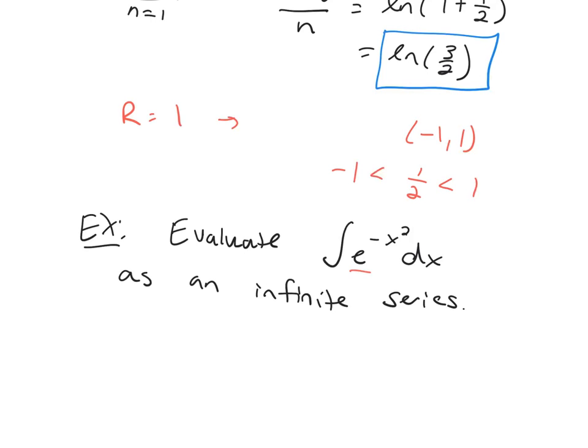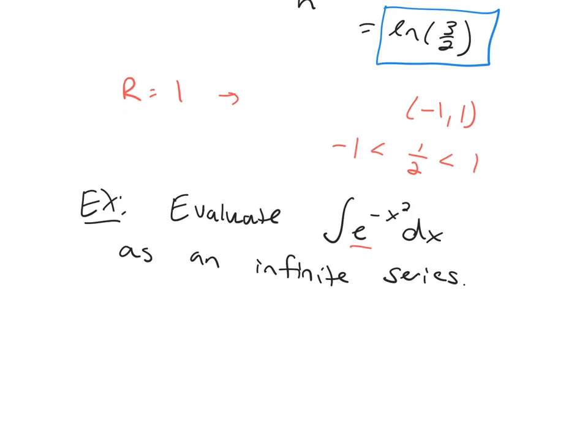But there was a function similar to this one on that list. Which function was that? E to the x. So let's write down e to the x. It was the sum from n equals 0 to infinity of x to the n over n factorial.